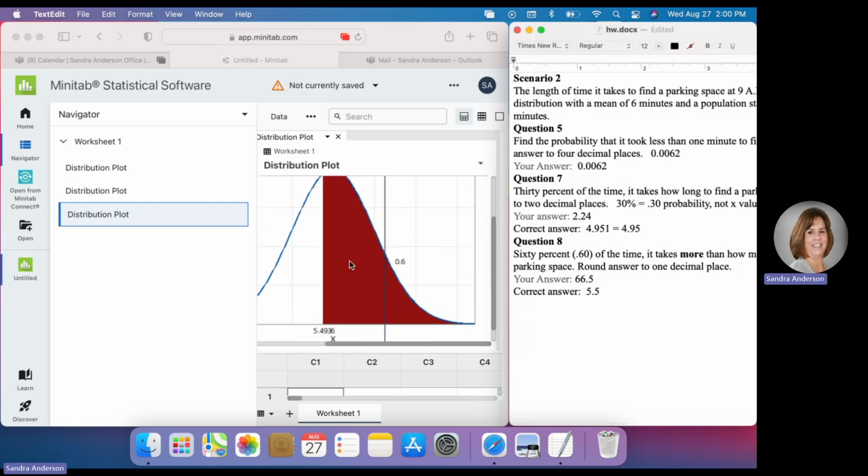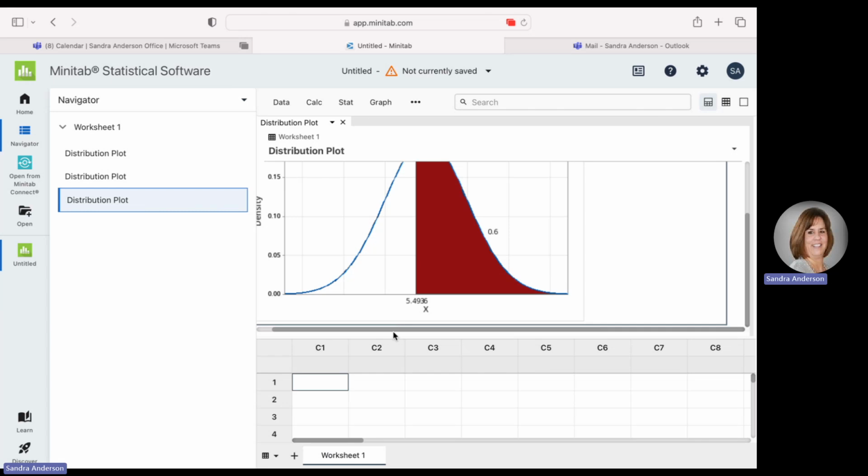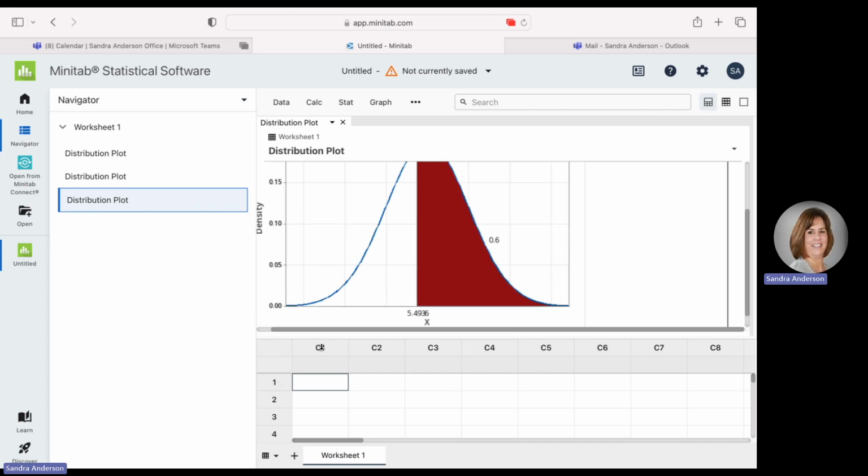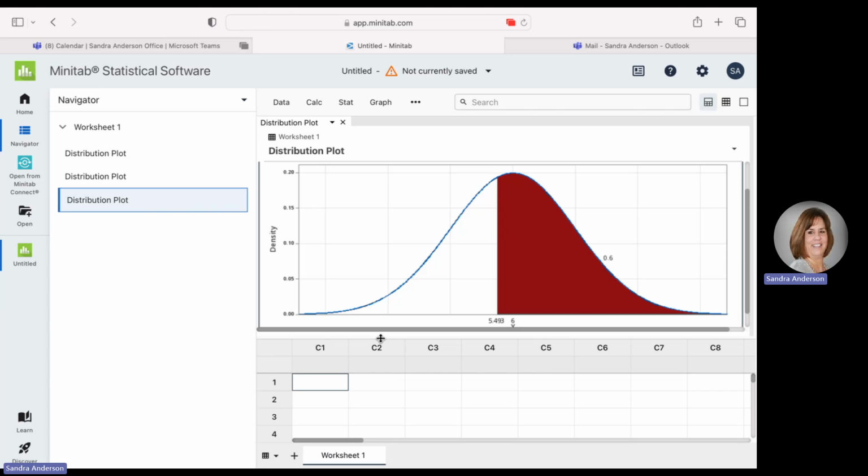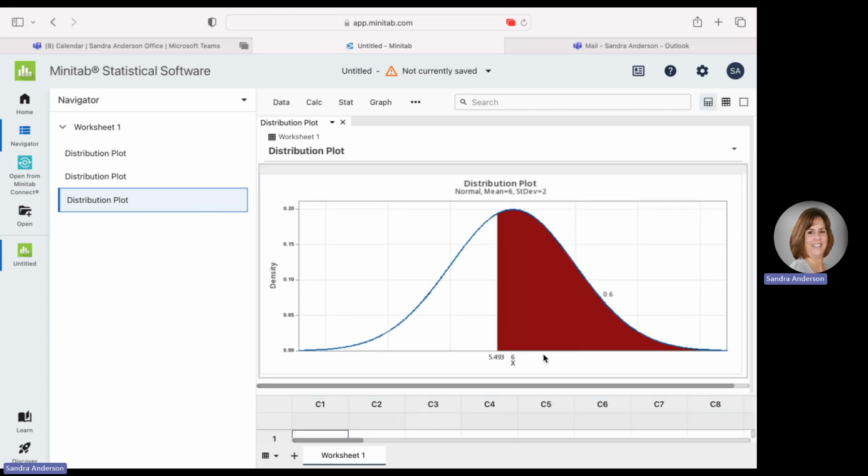But again, I want to make sure that we look at this and you understand how to read this, because your test questions will mostly give you the graphs and you have to interpret them, because you cannot use Minitab on your upcoming test. So if I'm looking at this graph and I want to understand what it means, it has my average of 6 minutes to find a parking space.